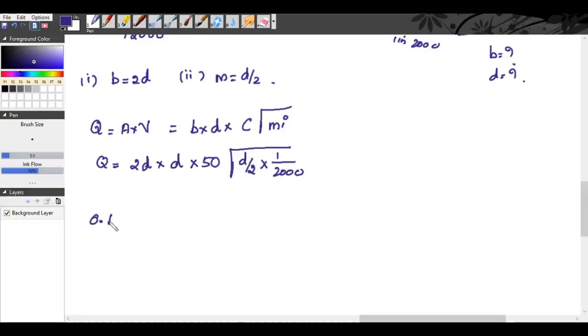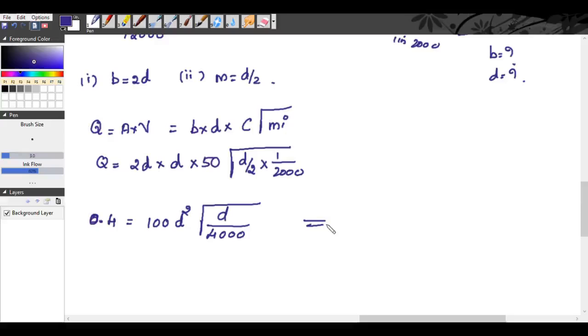So 0.4 is equal to 2D square into 50, right? So we get 100 D square into square root of D by 4000.